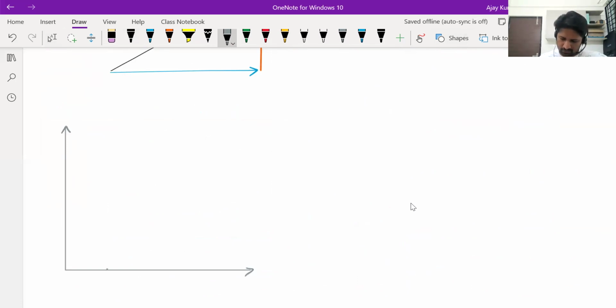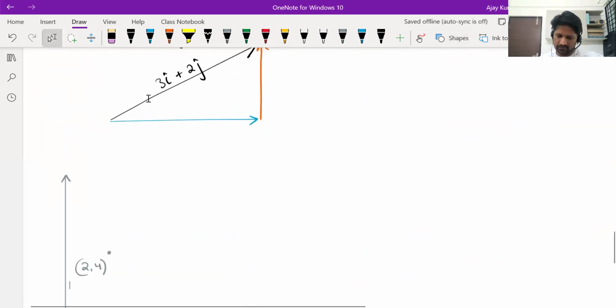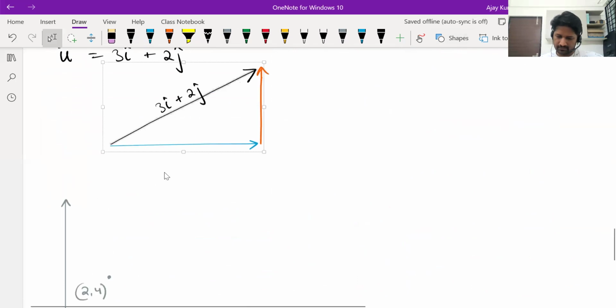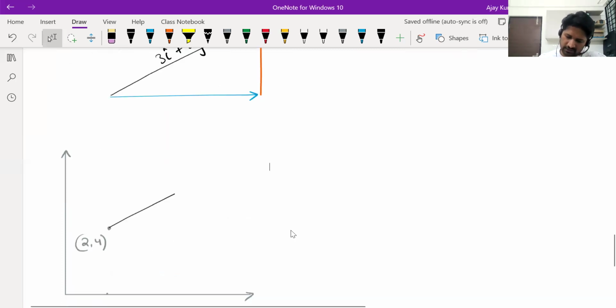2, 4. So maybe this is where it started from. And its velocity, I'll copy this vector as it is. I'm just making it shorter without changing the direction. So its velocity is directed this way, and the object keeps going along that direction.